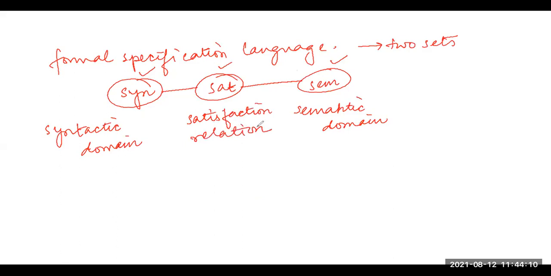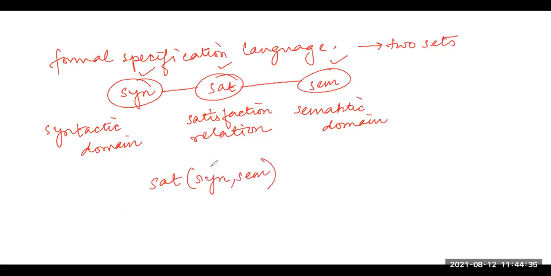So for a given syntactic domain specification, and for a given model, the specification is this one, the implemented model is this one, the semantic model. And if there is a satisfaction relationship, then I will refer to it as this.